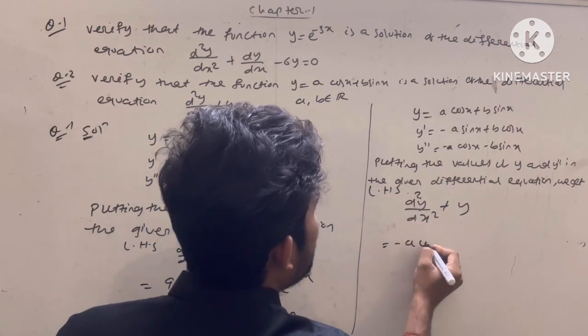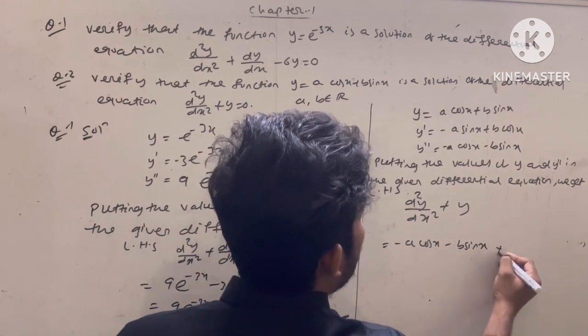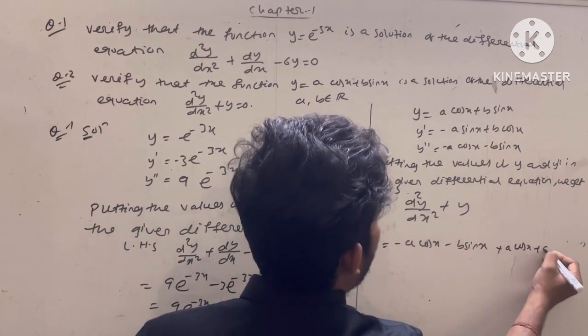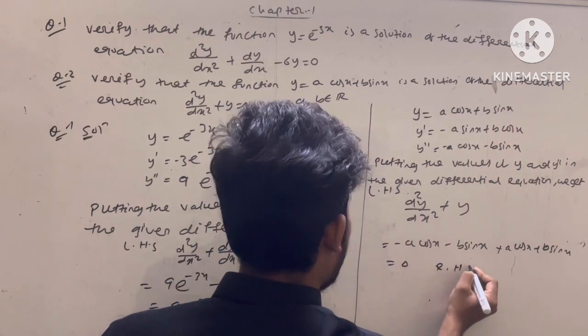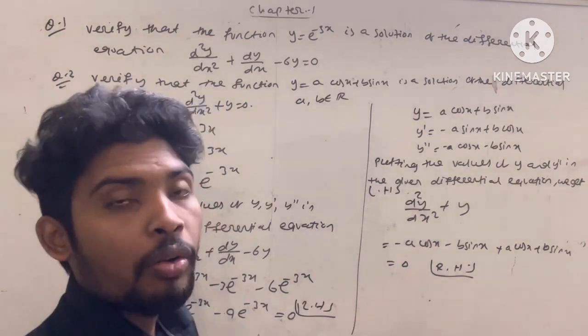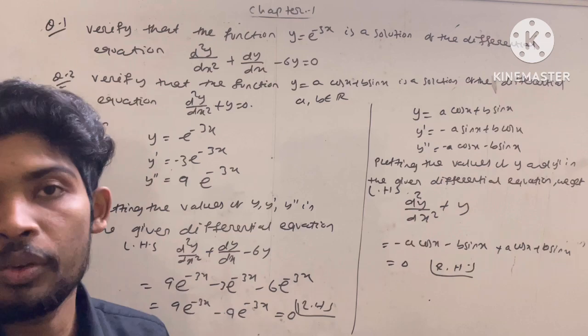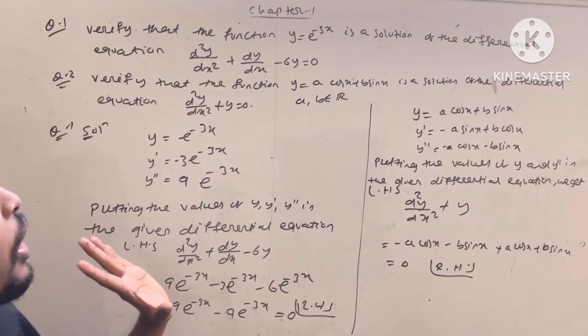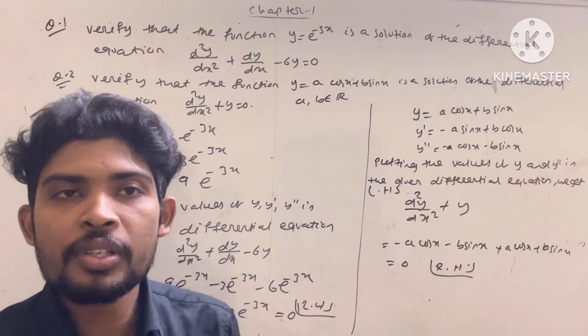Minus a cos x minus b sin x plus a cos x plus b sin x. So you got 0. So this is the RHS. So LHS equal to RHS. That means this one is the solution of the given differential equation. Okay. I hope you understand this concept of solution of a differential equation.